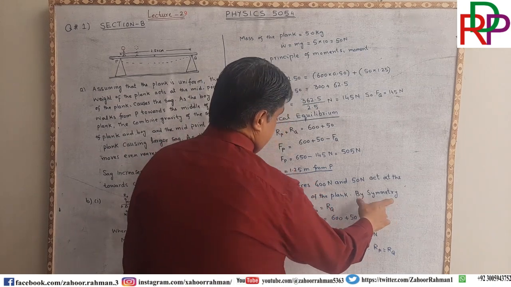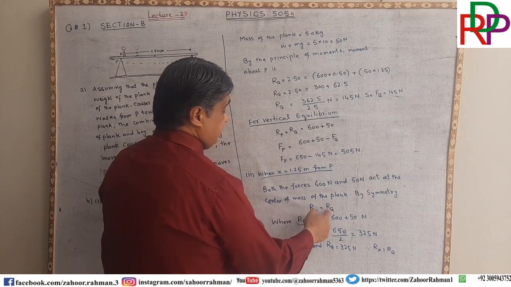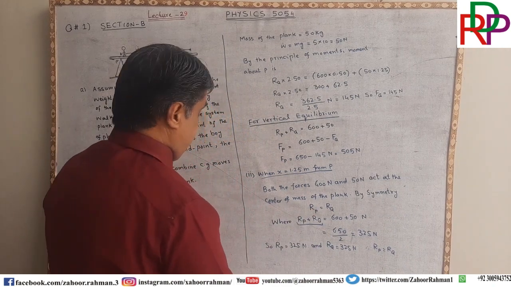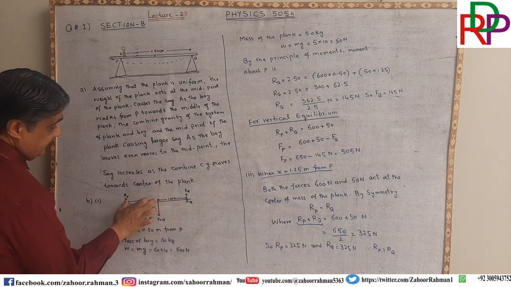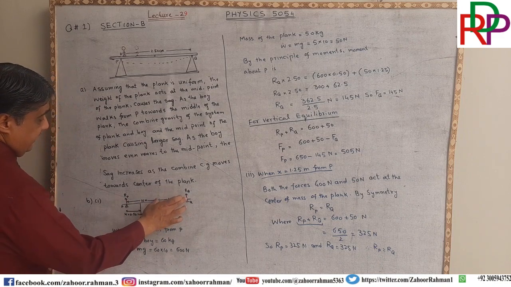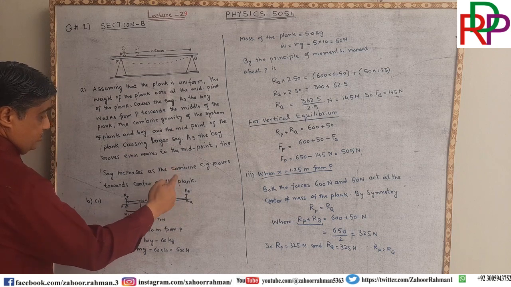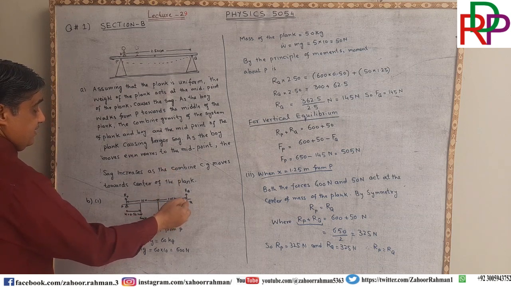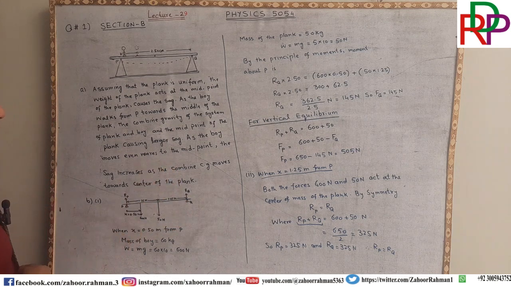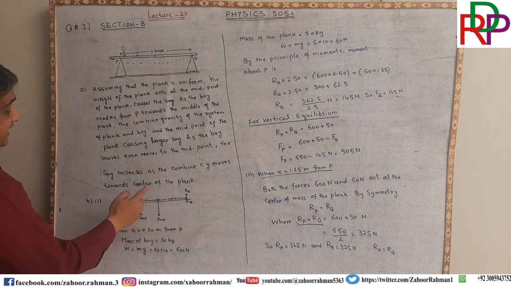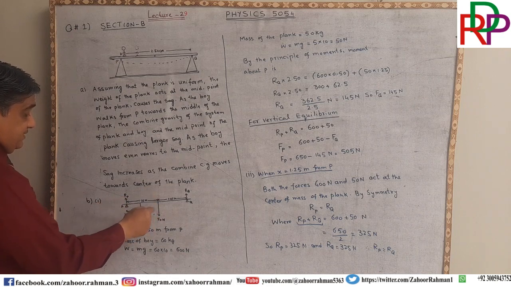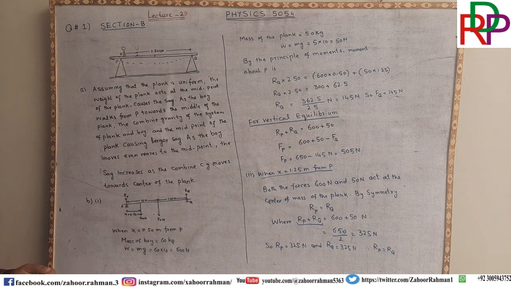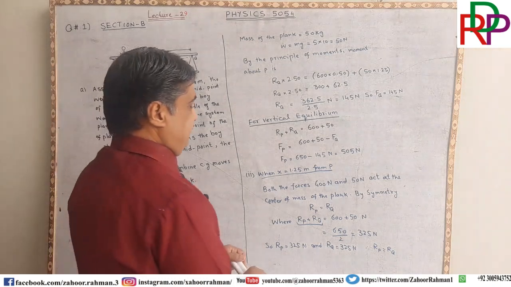By symmetry, RP is equal to RQ, because on this side and on this side they are at equal distance. So whatever reactive force at Q it observes will be equal to the reactive force at P, because the student is at the midpoint.